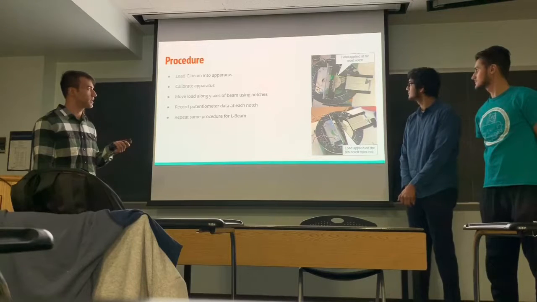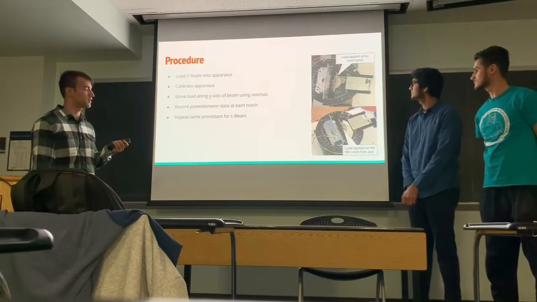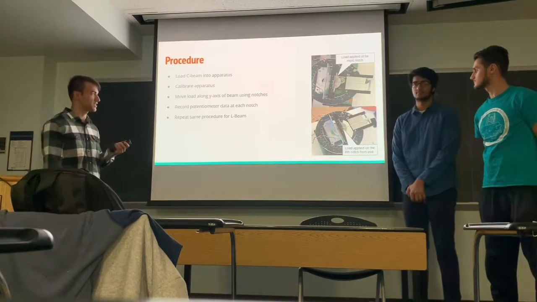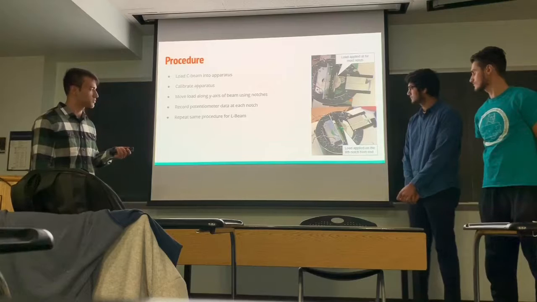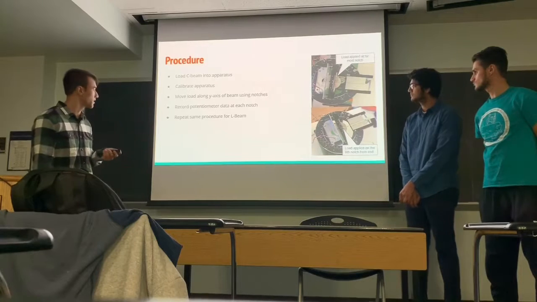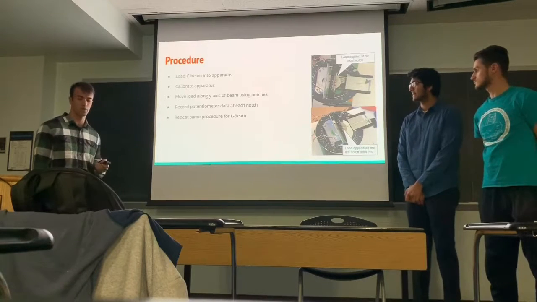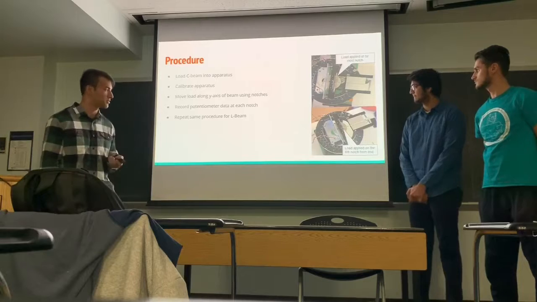We then began moving this notch down by each single notch and also moving the pulley wheel so that the string would line up with the lines, and then we would take readings at each single notch. Down here in this picture you can see that this was during the 8th notch, one to the right of the center, and then we recorded the data there. We repeated this procedure for the L-beam as well.